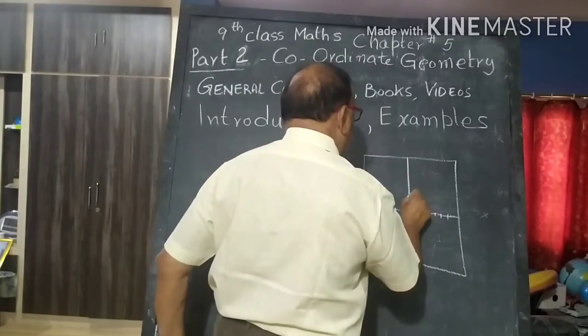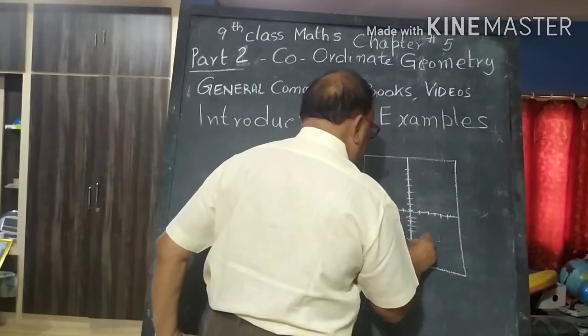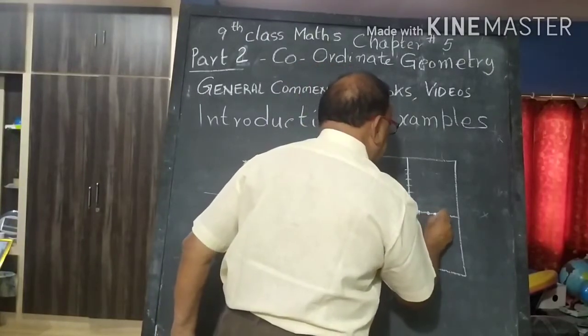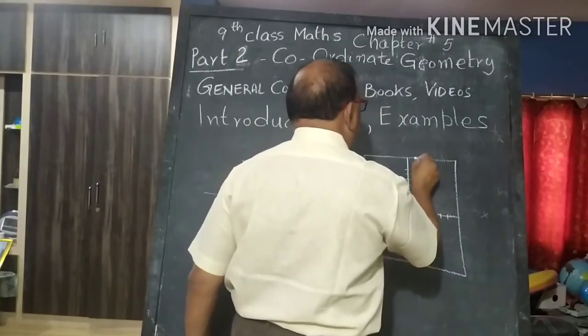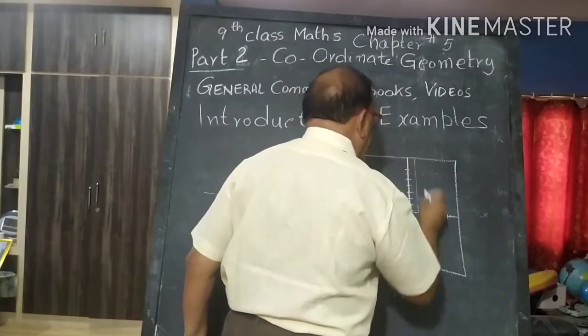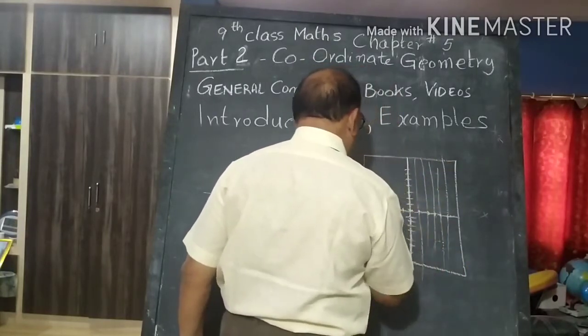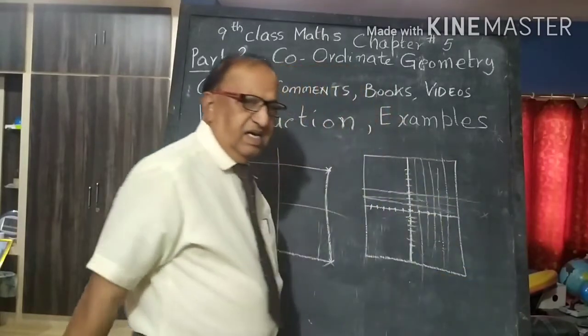Similarly here 1, 2, 3, 4, 5, 6. And here at the bottom also, mark the centimeter. That means you put a scale here, 1 centimeter, then with the use of a set square and all that, you can draw parallel lines like this, okay? Similarly, here you draw parallel lines. You have already prepared a graph sheet.